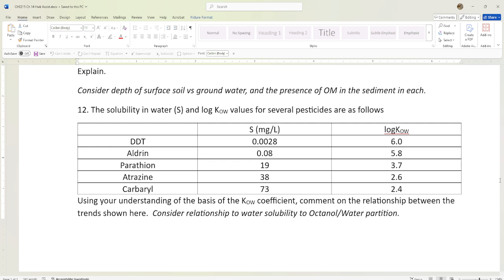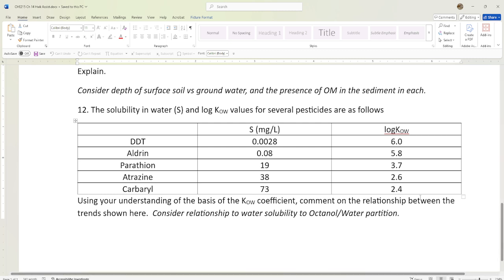So the basic idea here is the log KOW is a measurement of the ratio of binding to organic matter, or the octanol water partitioning coefficient. So we're looking at how it binds with organic matter, or basically the relationship of the organic nature versus the polar nature.